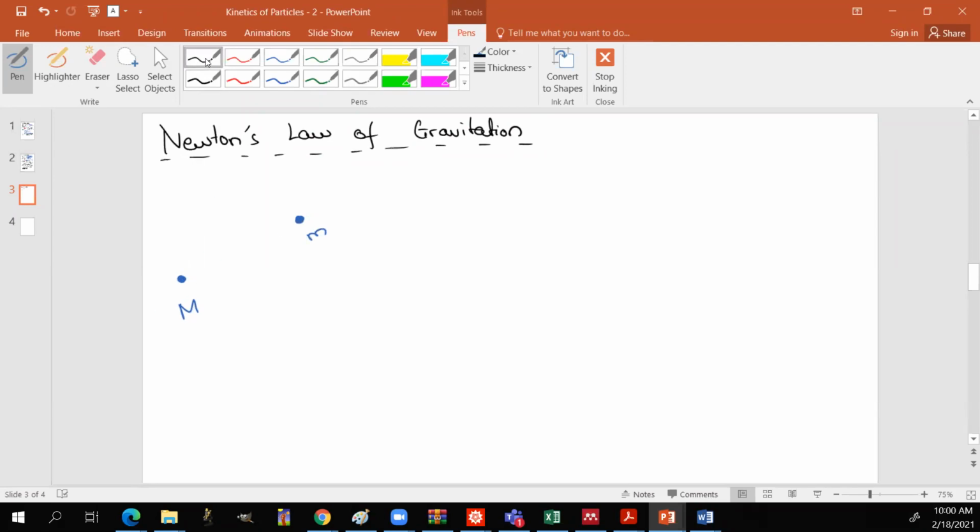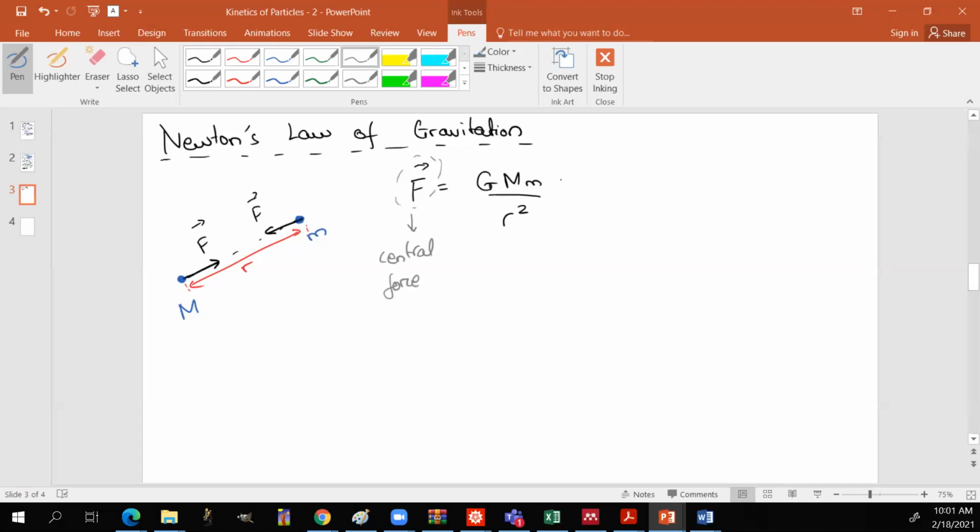Due to their masses, there is going to exist a force which acts along the line that joins both of those particles. Let's say that the distance between the particles is r, then Newton's law of gravitation states that force F is equal to G M m over r squared. And this is a central force.